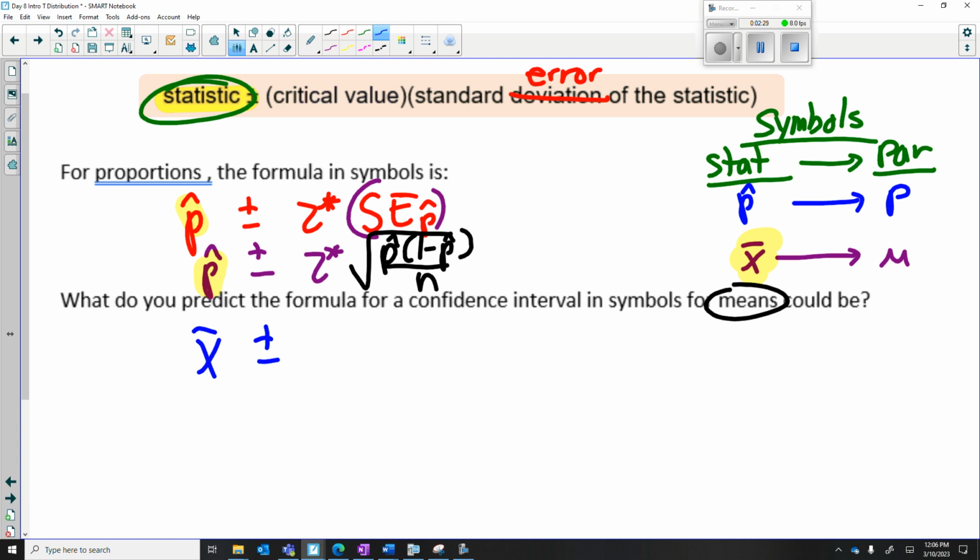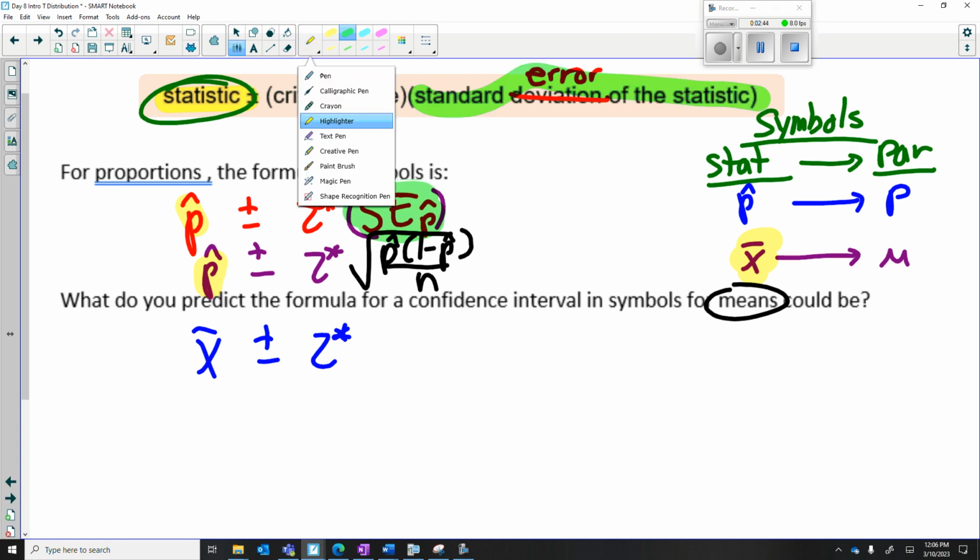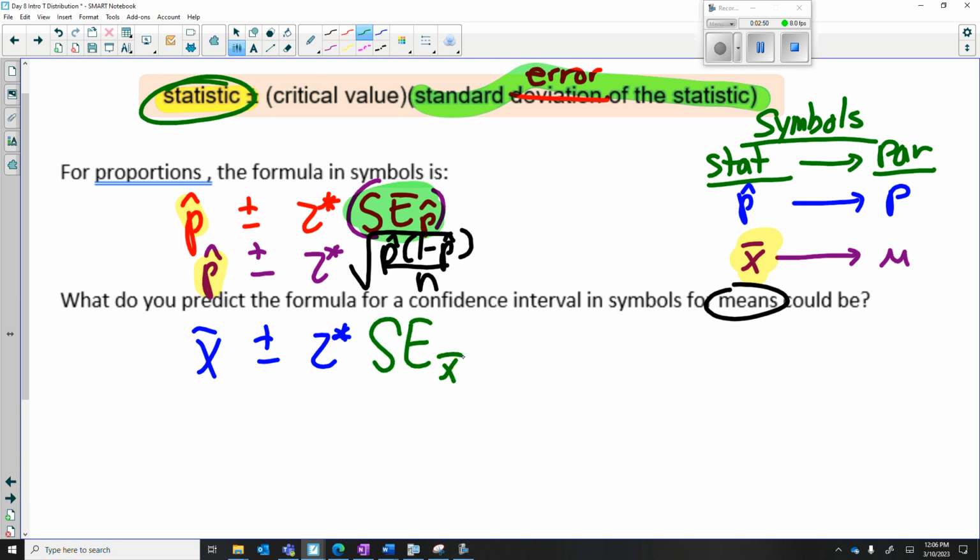The critical value we're going to start with is still z star. And in the second slot, instead of the standard error of p hat, we write the standard error of x bar.